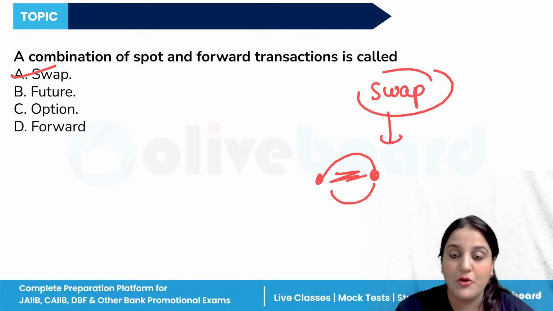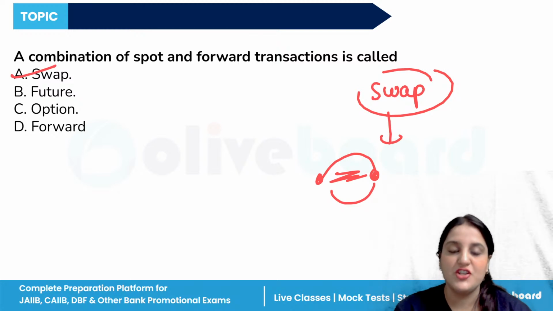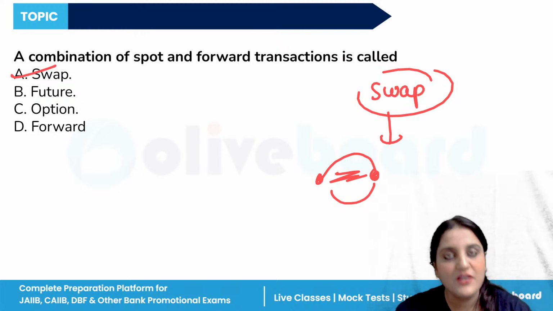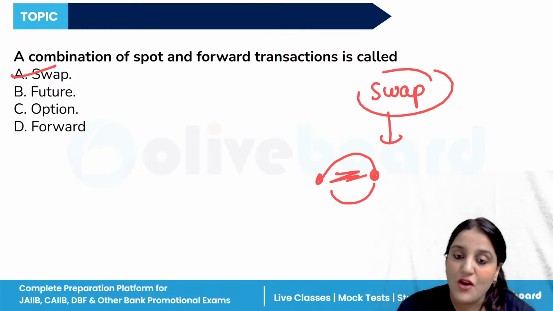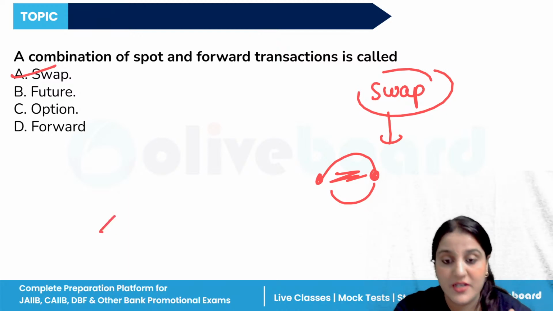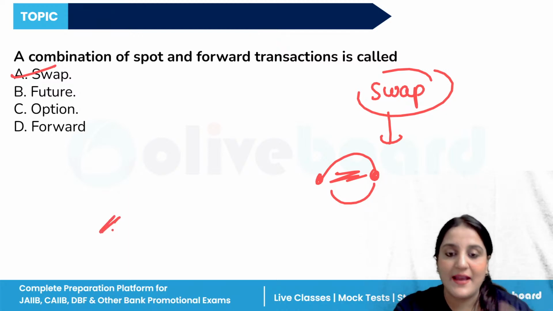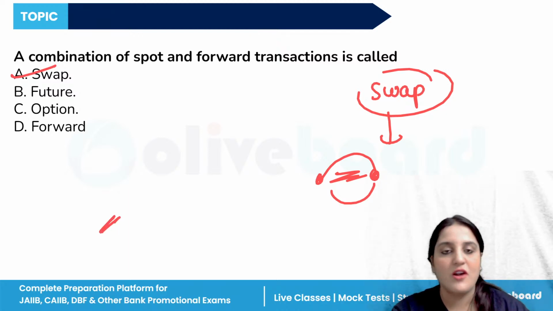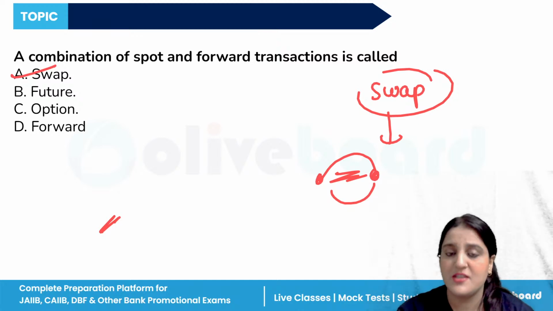And a forward transaction is also a contract for buying and selling of an asset at a future date for a price agreed today, but it is not a combination of spot and forward transactions. So the correct answer is option A.